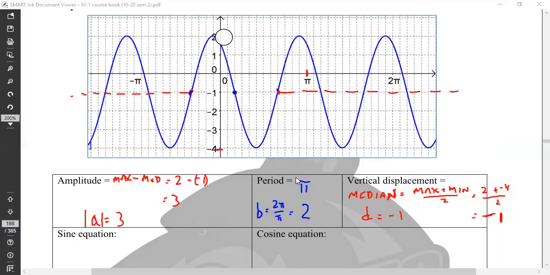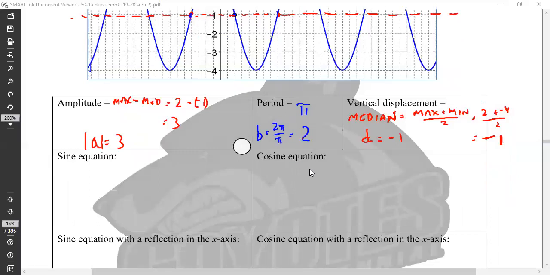Now, surprisingly, we have enough to come up with an equation. If I want a sine equation, what do I know? y is equal to a is 3. My horizontal stretch was a factor of a half. My b value was 2. I'm going to fill this part in just a second here. My vertical displacement, my median, is -1.